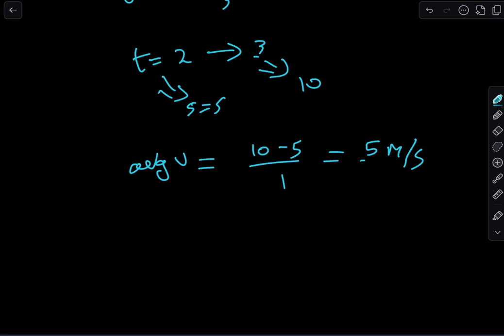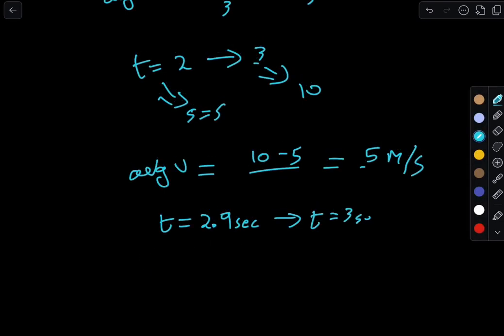What if we take the average velocity between t is equal to 2.9 seconds and t is equal to 3 seconds?